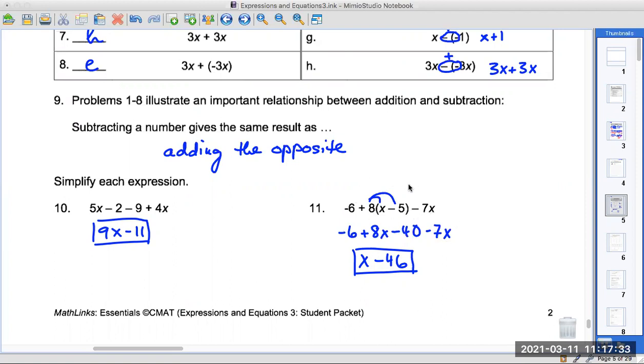So the first thing is parentheses. Do you have a 40 here or a 5? Do both. To remind you, you've got to multiply everything by 8. And now you combine your like terms. 8x minus 7x is 1x. -6 plus -40 is -46. So that's that one. So that was page 2.